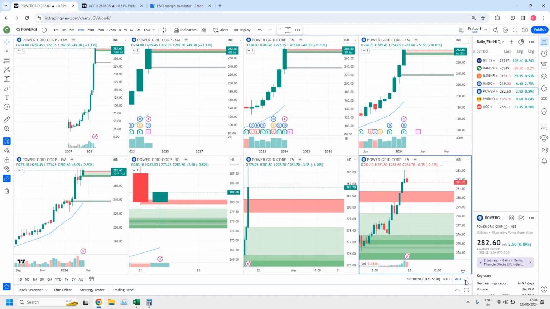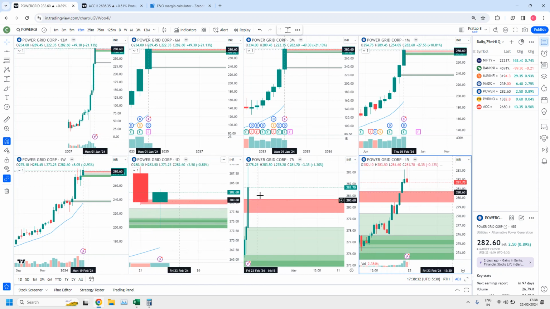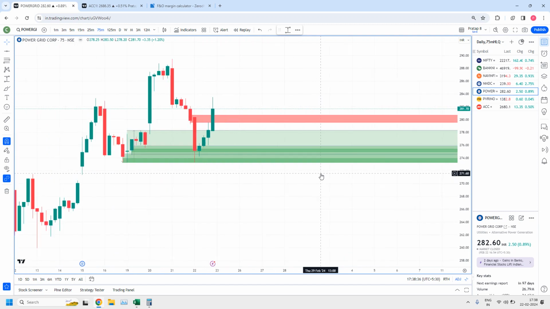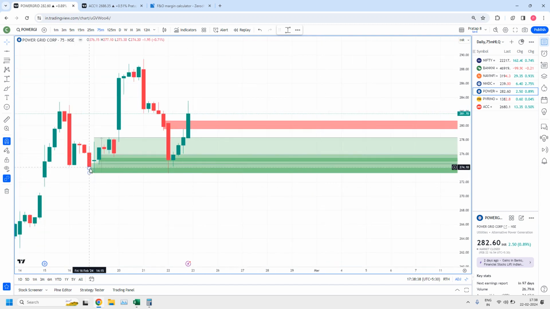POWERGRID is a 75-minute high liquidity zone. High liquidity demand zone. We have a drop. We have 1, 2, 3, 4, 5 base candles and a rally candle. This is the POWERGRID.